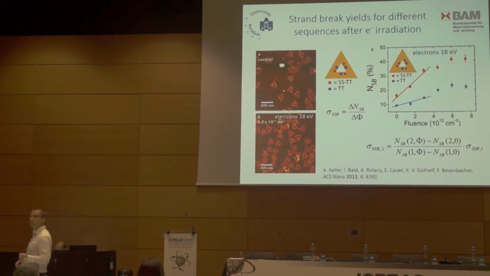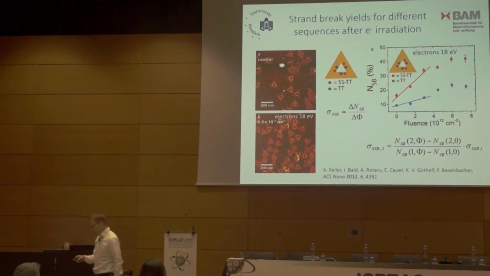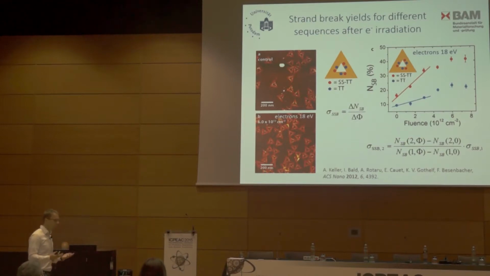For these experiments, we used a very simple commercial electron flood gun from a TOFSIMS machine. This was just to do these proof of principle experiments, and we were very limited with the electron energy here. When you take a closer look, you can see that the number of these intact oligonucleotide targets decreases when we irradiate it.